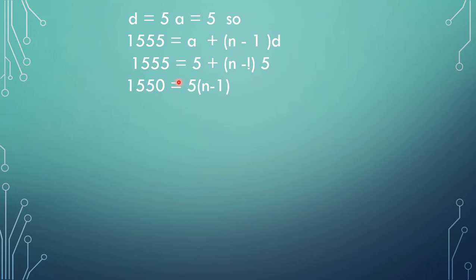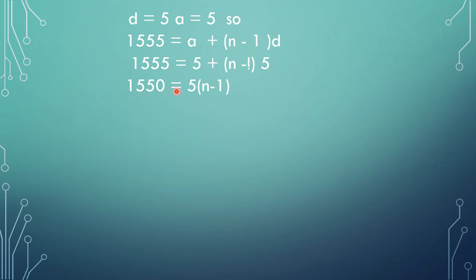1555 is equal to this, 5 we transpose to the left hand side. So 1555 minus 5 becomes 1550, and it is equal to 5 into n minus 1. Now this 5 also we can take to the left hand side, so it will become divided by 5.